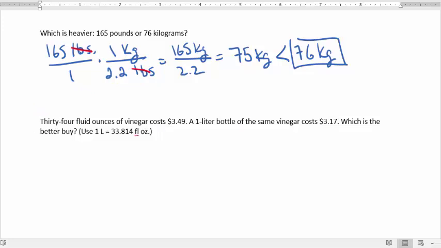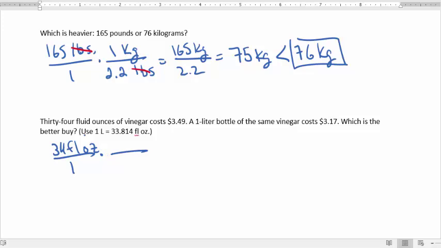So then the last one is a better buy kind of problem. So what's a better buy? Buying 34 fluid ounces of vinegar at $3.49 or a 1 liter bottle of the same vinegar that's $3.17. So again, we only have to really convert one to the other. So we want to convert maybe 34 ounces to liters. So 34 fluid ounces over 1.